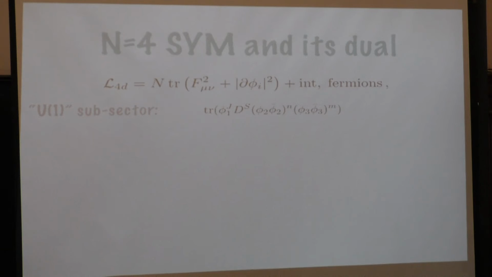I just call it the U1 subsector, it's not the actual name used in N=4, but this is the sector which contains phi 1 to any degree and any number of derivatives. And then phi 2 and phi 3 have to neutralize each other, so it should be dagger probably. So they come in a neutral combination. So there is only one U1 from R-symmetry which survives. So these are the operators I'm going to consider.